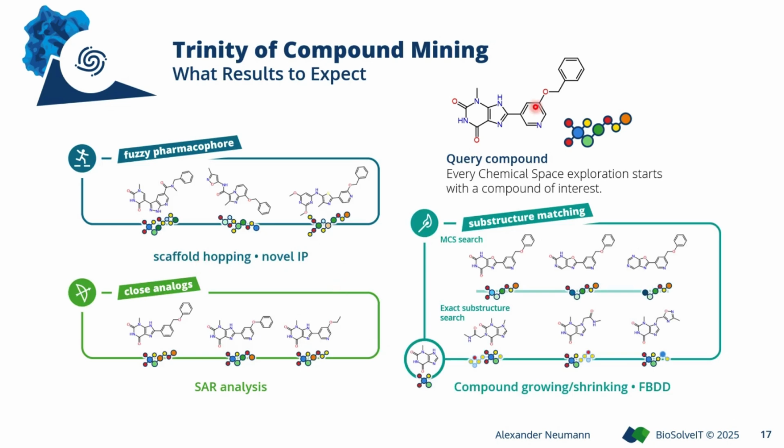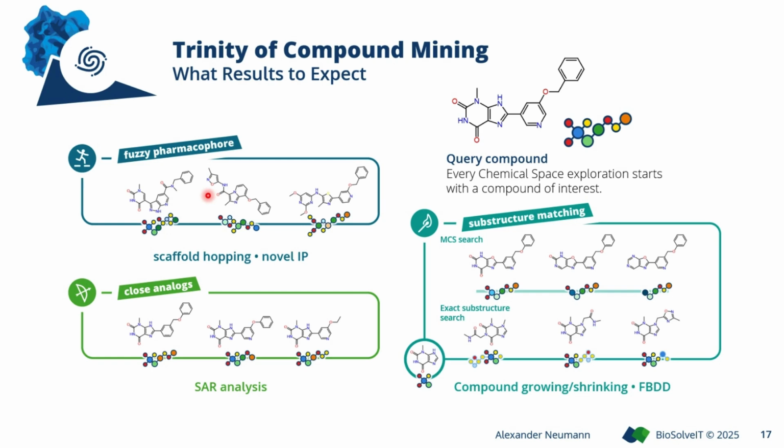What can you expect? Given our initial compound here, which is an adenosine receptor antagonist, as far as I can recall, these will provide you with compounds that have the same pharmacophore flavor to them. They are very novel IP, quite nice for scaffold hopping, basically trying to match pharmacophore features like H-bond donors, aromaticity, and so on and so forth into the structures, which can lead to very diverse scaffolds, which I personally really like.